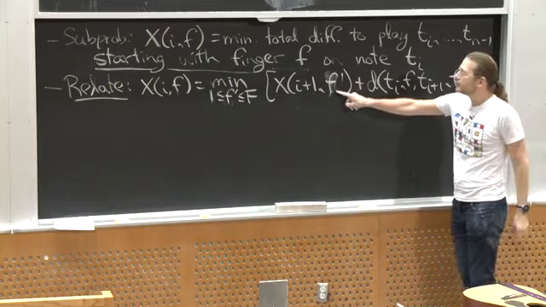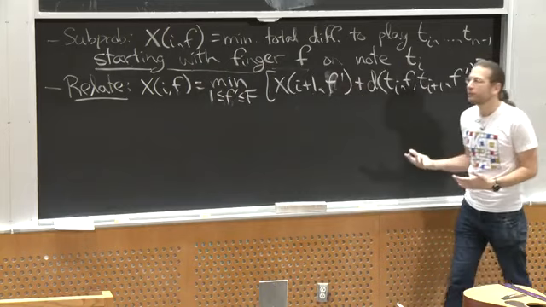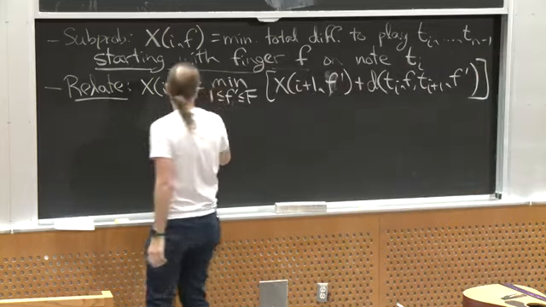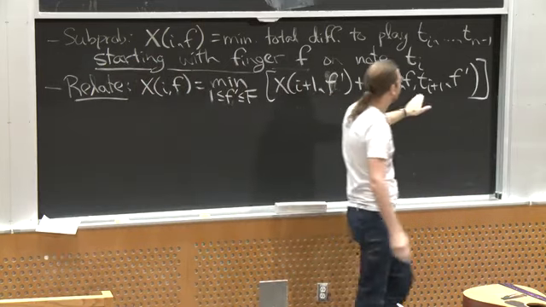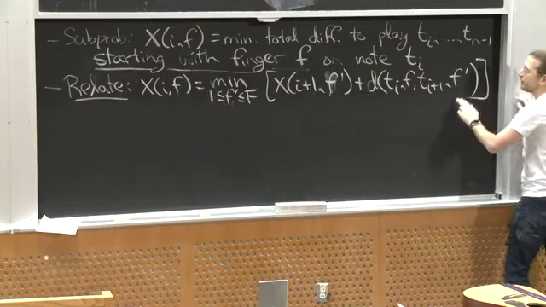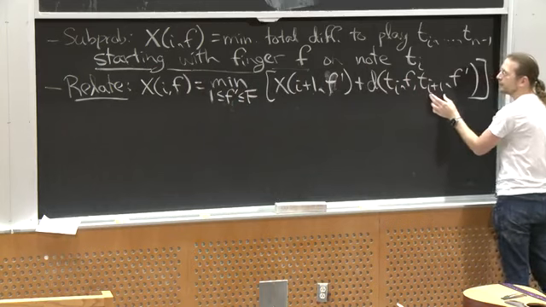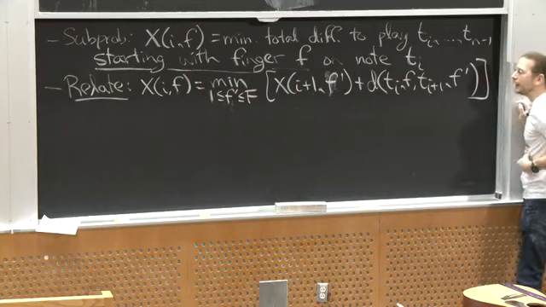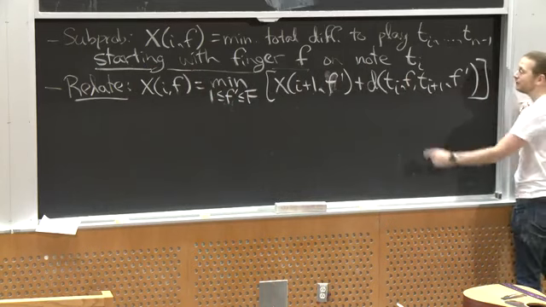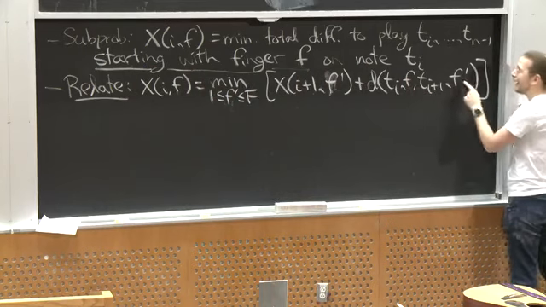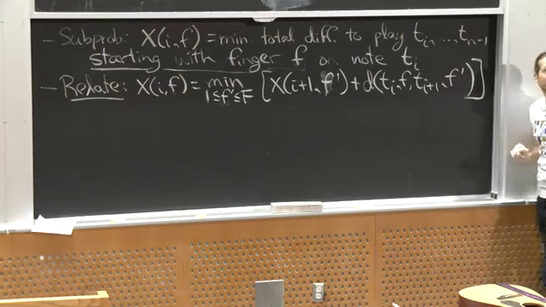Now, why did we need to know what these fingers were? Why not just guess what the first finger is? Well, it has to do with this difficulty function. For this difficulty function, I know that I want to measure the difficulty from ti to ti plus 1. And to do that, because this function is parameterized by 4 things, I need to know both the finger for ti and at the same time the finger for ti plus 1.